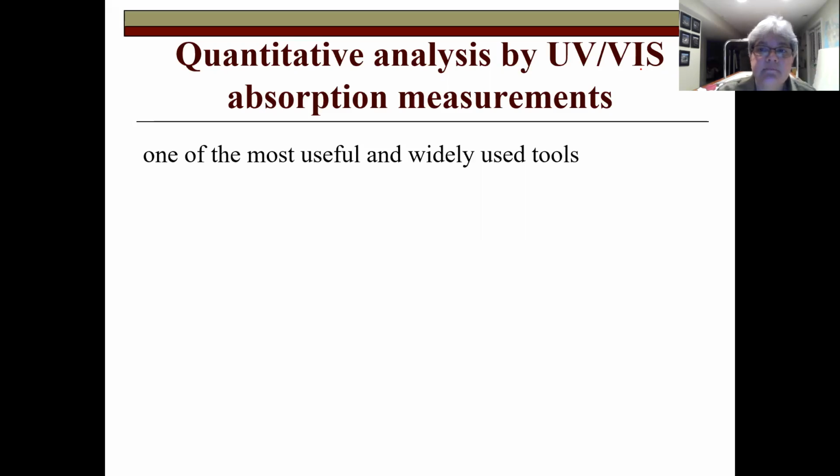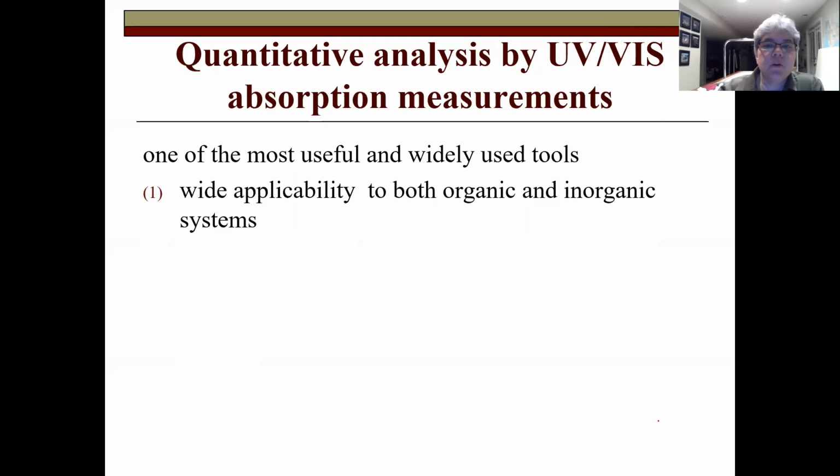Okay, 5 minutes. So let's see how we use this very useful method for quantitative analysis. Before we get into how, what kind of molecules can we use this for? As we've already seen, we can use it for both organic and inorganic.